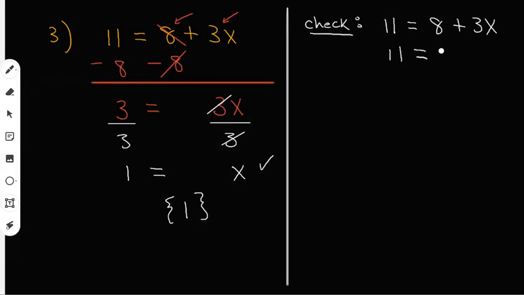So I'm going to let x be 1 and see what happens. I replace x with a 1. On the right side, I have 3 times 1. That's going to be 3. And then 8 plus 3 is going to give me that 11. So I get a true statement.